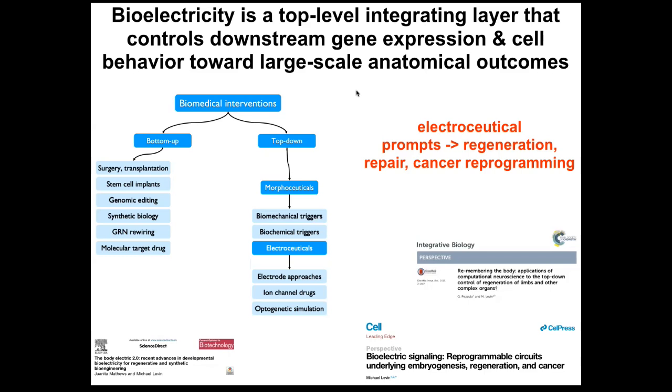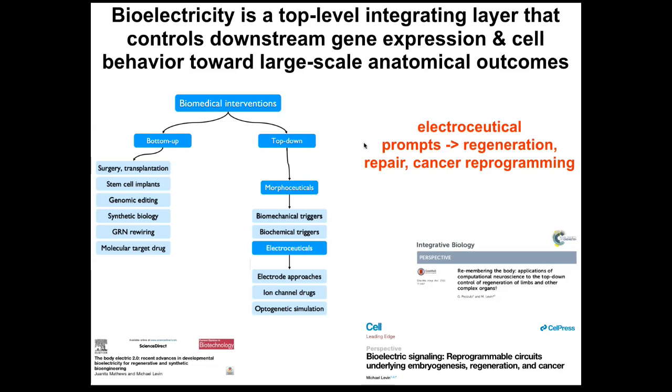So bioelectricity is this really critical integrating layer that controls a lot of downstream things, because it provides this multi-scale competency architecture. It aligns the components, which are by themselves active, matter, and smart, towards higher level goals.